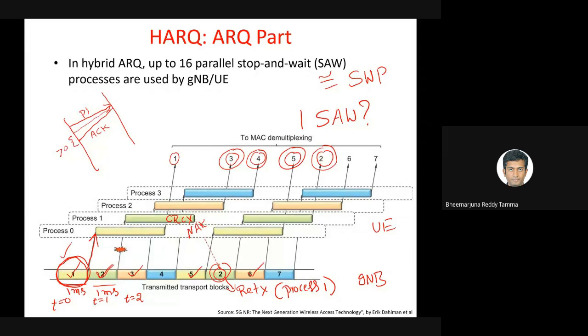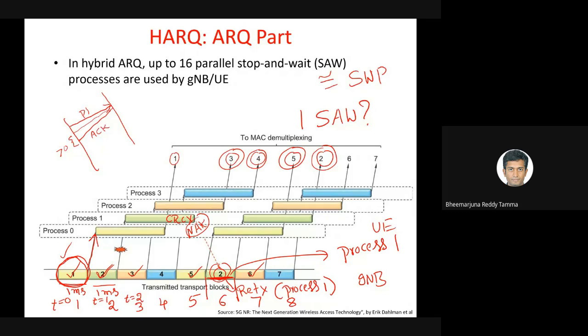In this example itself, if there are no failures, you would have sent packets 1, 2, 3, 4, 5, 6, 7, and 8, right? That's what you might have transmitted. As soon as you receive a negative acknowledgement in this particular time slot here, you are retransmitting packet 2 using process 1.